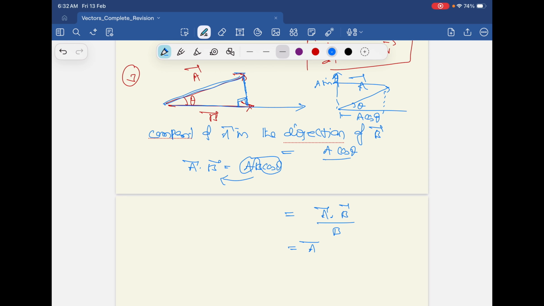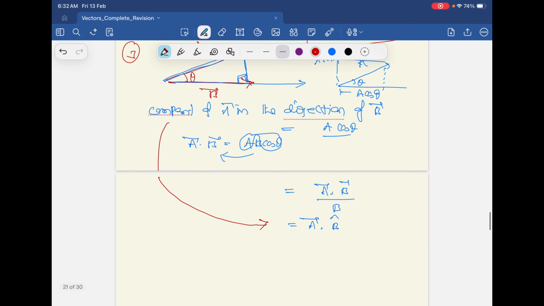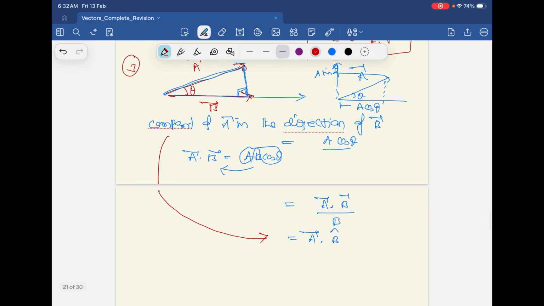You can write simply a bar dot b cap. So what is this one I am writing? Component of a in the direction of b bar is a bar dot b cap. Component in the direction of b, the direction is always going to be a unit vector, so I say b cap. So the component in the direction of b bar is a bar dot b cap.